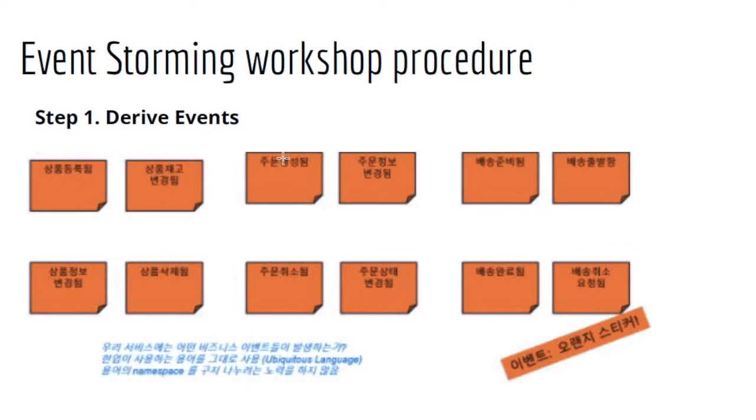Instead of trying to define the namespace of terms, use the terms used in the field as they are, which is also called ubiquitous language, to describe the event on an orange sticker and stick it on the wall. And business events are written in the past tense, and the result of a state change within the domain is an event.